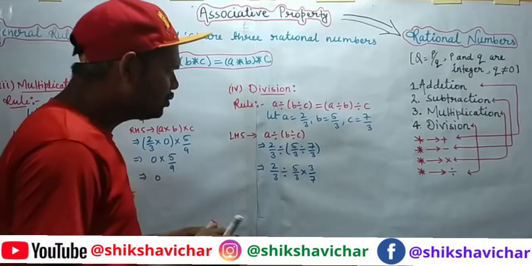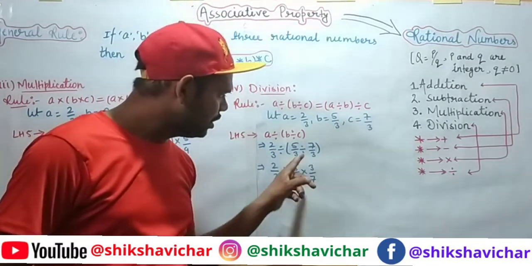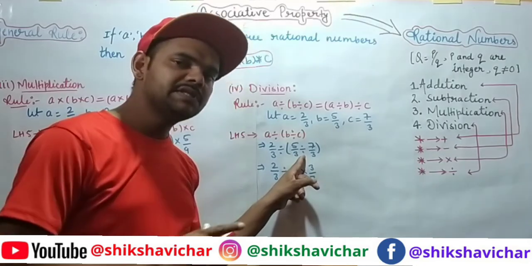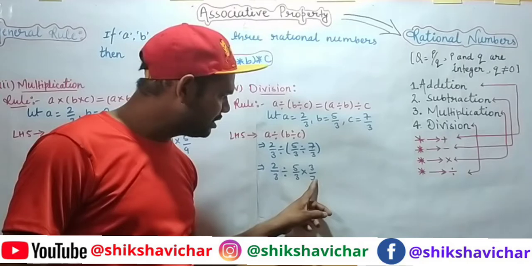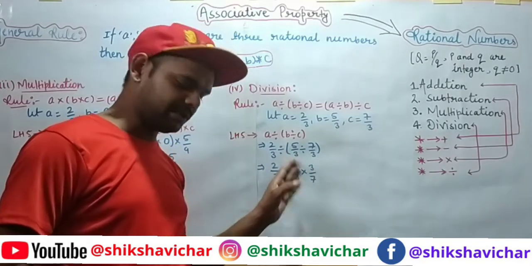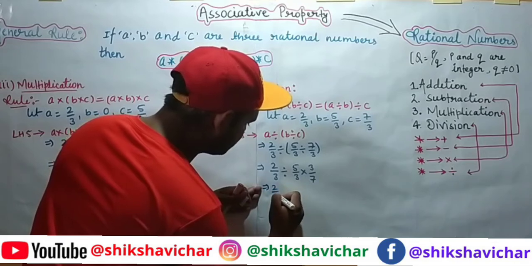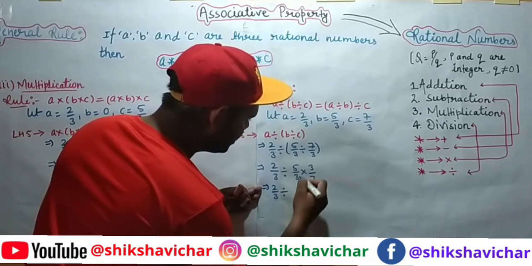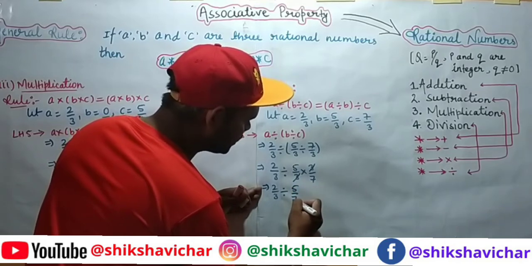Why? We know that whenever we divide a fraction by another fraction, we convert the division sign into multiplication and take the reciprocal of the second fraction and then multiply it to the previous fraction. So the result would be 2 upon 3 divided by this, 3 will cancel out and the remaining result would be 5 upon 7.